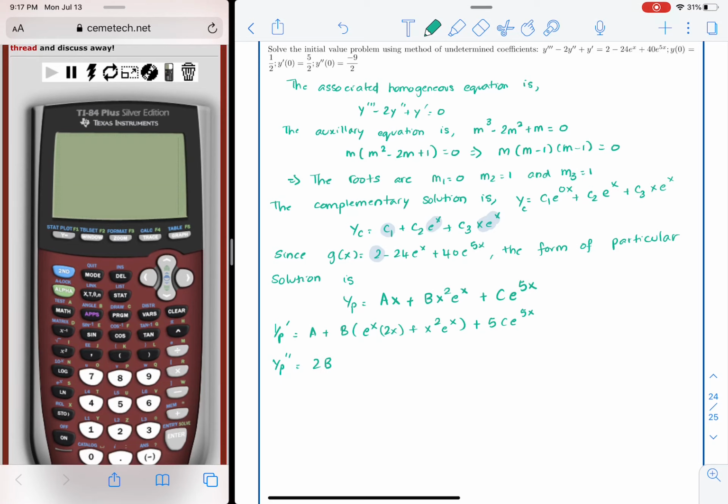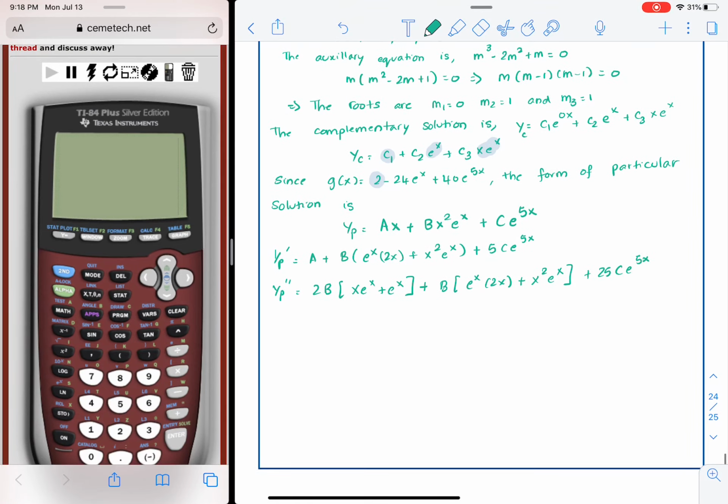So I'd have 2b x e raised x plus e raised x, product rule, plus b e raised x times 2x plus x squared e raised x plus 25c e raised 5x, which I could write as 2b x e raised x plus 2b e raised x, 2b x e raised x plus bx squared e raised x plus 25c e raised 5x.